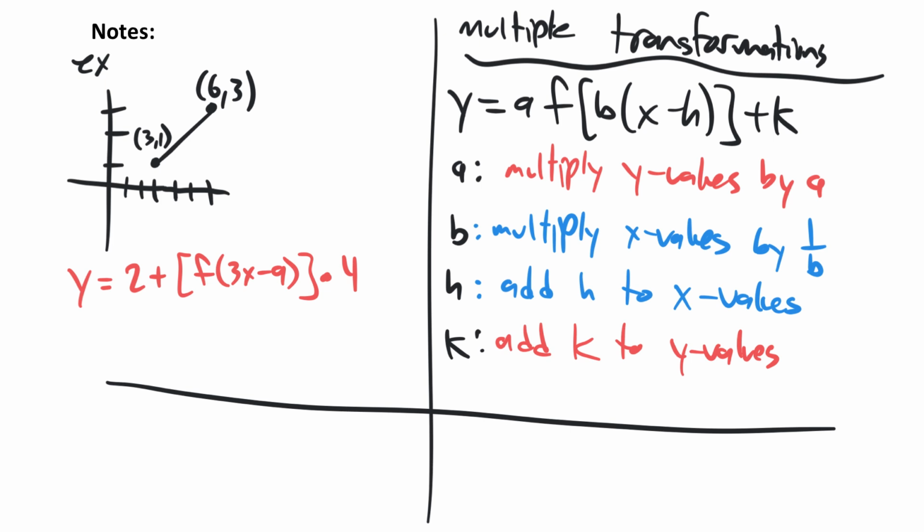All right, assuming you gave that a try, the proper form here would be 4f(3(x minus 3)) plus 2. Then we would apply, let me make a little bit more space.